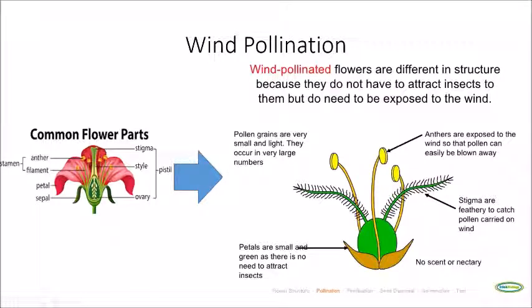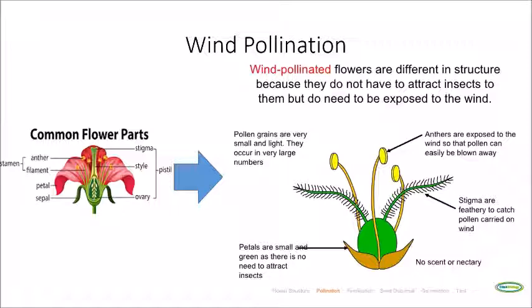The reason not every flower looks the same is because certain plants have evolved, or come up with an adaptation, to focus on one type of pollination. Either it's going to do wind pollination or it's going to do insect pollination.